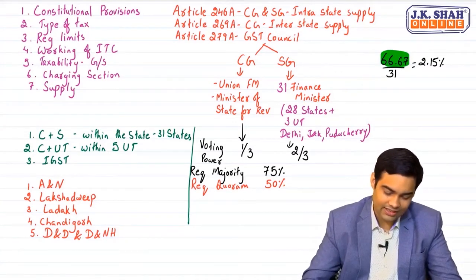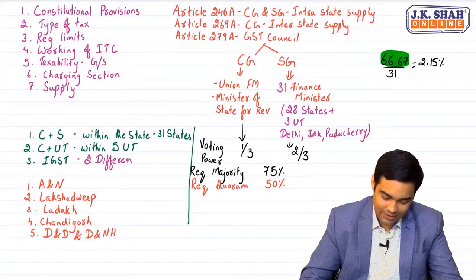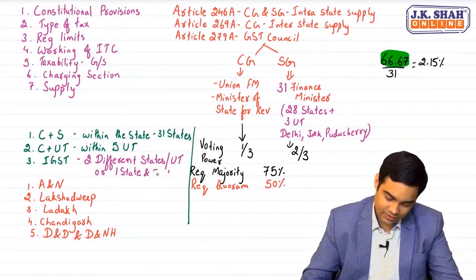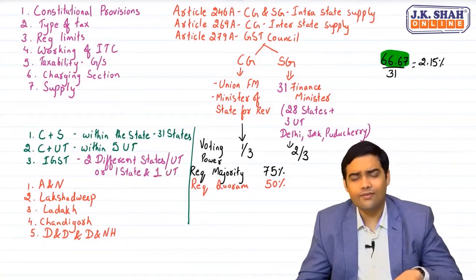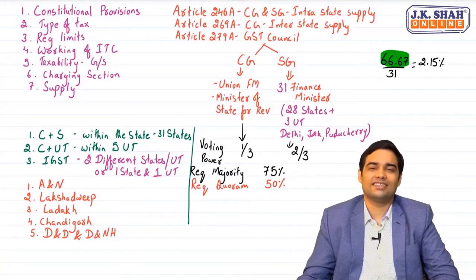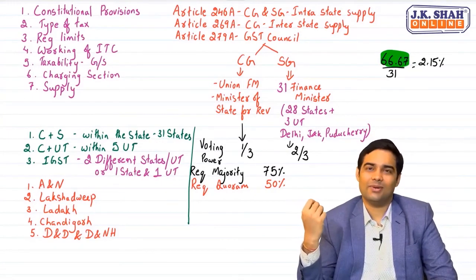So, whenever it's an interstate supply, that is, the location of supplier and place of supply is in two different states, two different union territories, or one state and one union territory, then we will charge IGST. Understood? Yes. So if I were to just draw some examples, Jammu and Kashmir to Ladakh, IGST would be applicable.